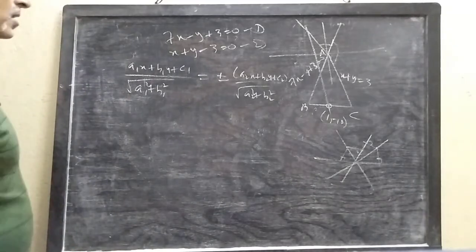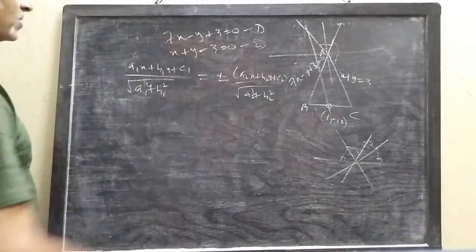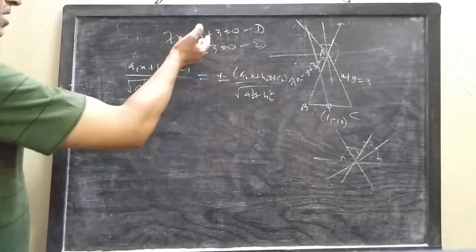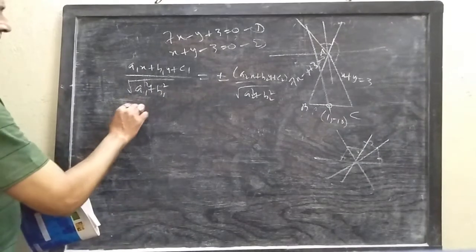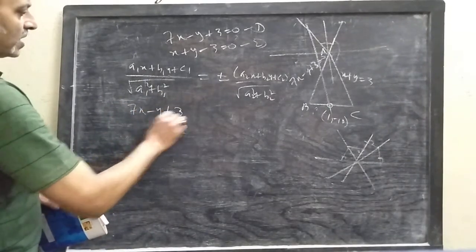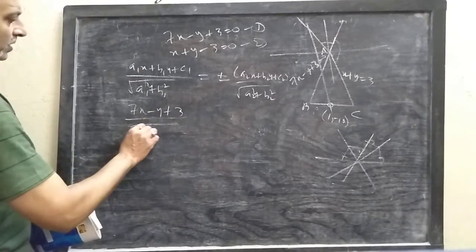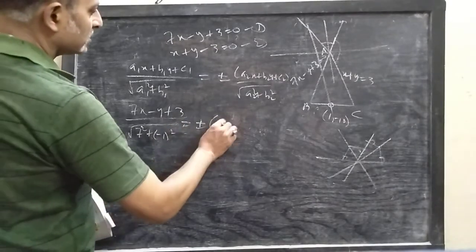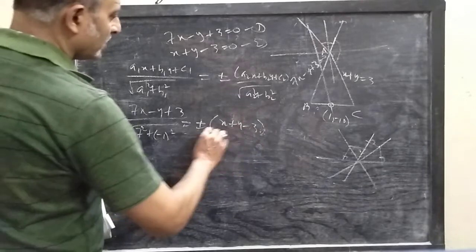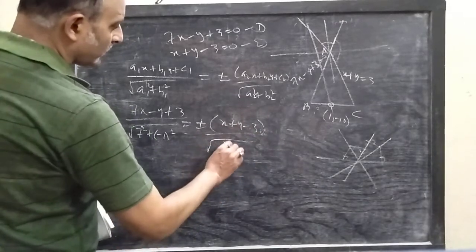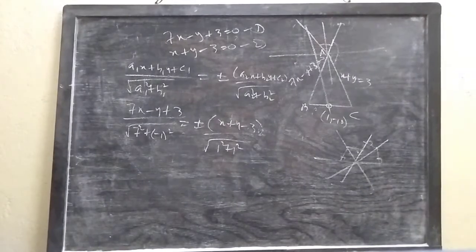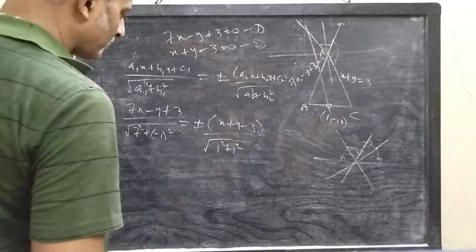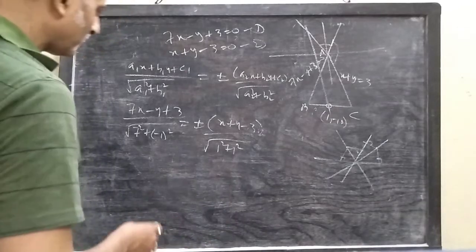So write down the equation of the angle bisectors of the angle between lines 1 and 2: (7x minus y plus 3) divided by root over 7 square plus (minus 1) square is equal to plus minus (x plus y minus 3) divided by root over 1 square plus 1 square. So take the plus sign one time and then take the minus sign. Then you get two angle bisectors.